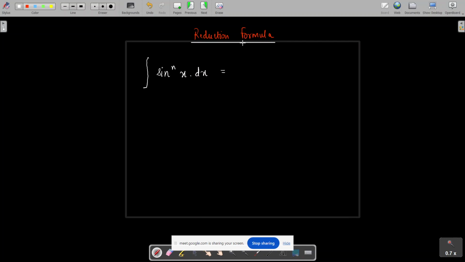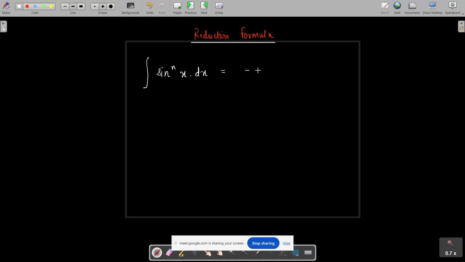Yeah. So this reduction formula is basically, inside the integral, we again will be doing integration by parts and everything. Inside the integral, we have some power, some exponent of sine, and we will be just reducing this exponent. That's basically the reduction formula. So it's given by this.